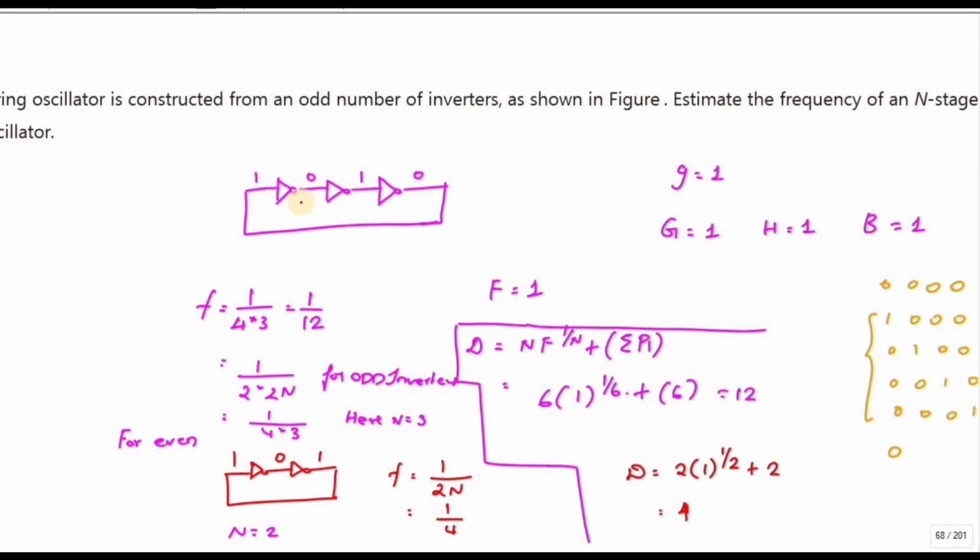So if you see here, we need to find f value is 1, and we need to find how many stages are there. So if we see, for the first stage, the input is 1, the output is 0, 1, 0. Okay, so it goes to 0. Now it is 1, 0, and 1.